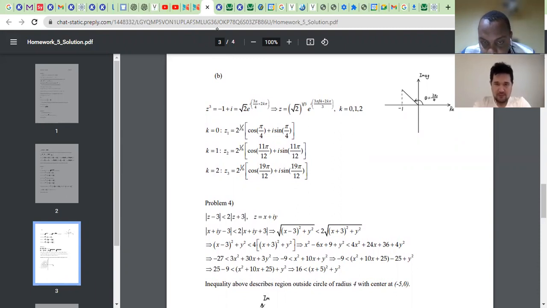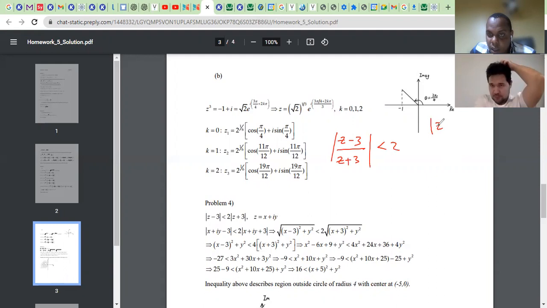But why is it plus? Let's just look at it. They started with |Z minus 3| over |Z plus 3| less than 2. So you could just do |Z minus 3| less than 2 |Z plus 3|.